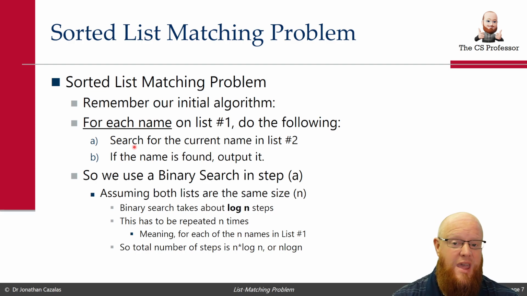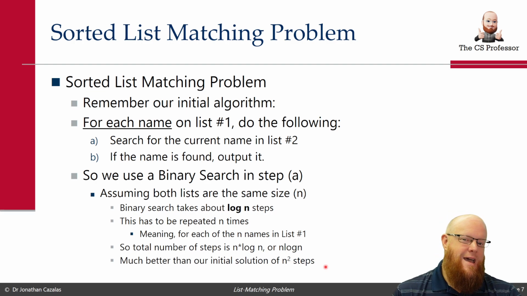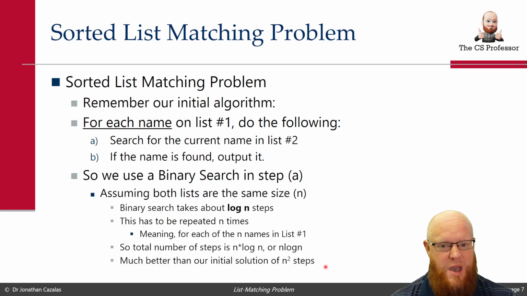For each of the n values of list 1, we're going to perform a binary search, which has a cost of log n. So the total cost is n times log n, otherwise known as simply, you see right here, n log n.